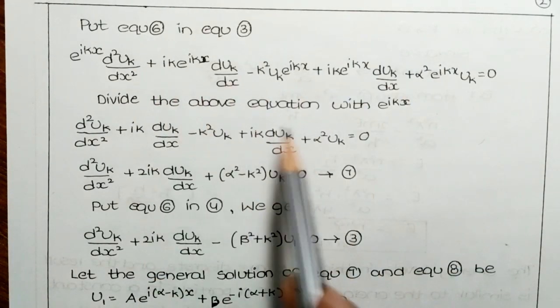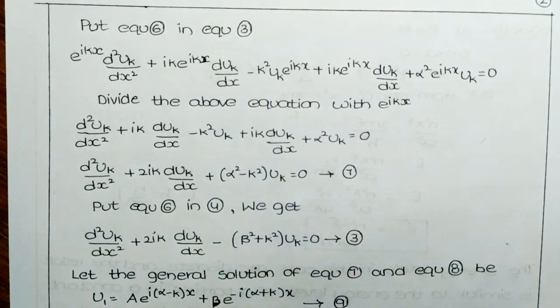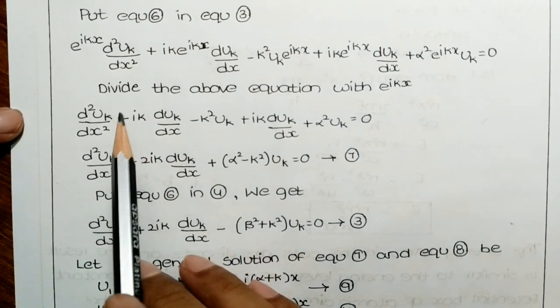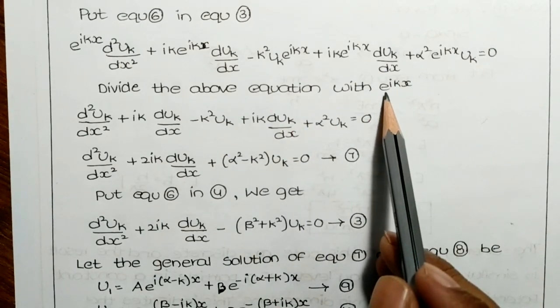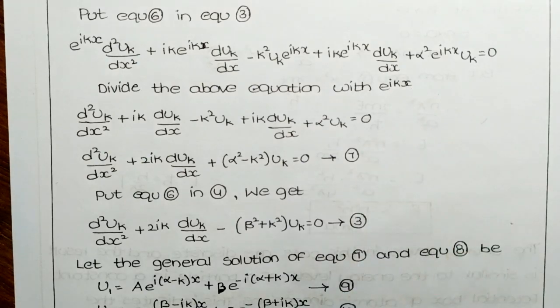Then by putting this equation, the common factor is e^(ikx), so we divide the entire equation by e^(ikx) to eliminate it.